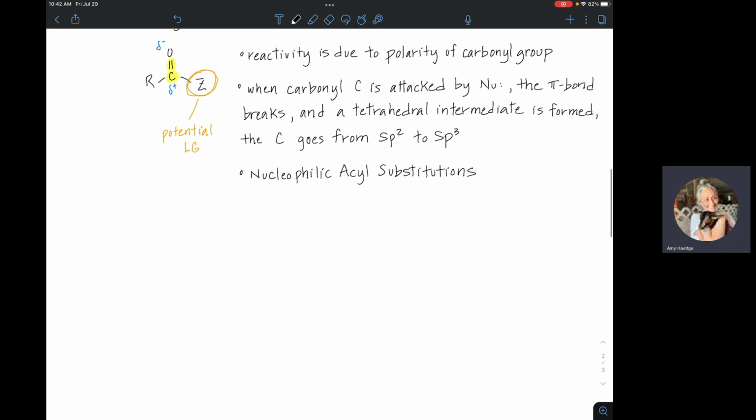Here, let's draw just a general sort of carboxylic acid derivative. So I'll use Z just to keep it consistent. That's going to be your leaving group. Your generic nucleophile is going to come in and it's going to attack the electrophilic carbon of the carbonyl. The pi bond is weaker than the sigma bond, so that will break.